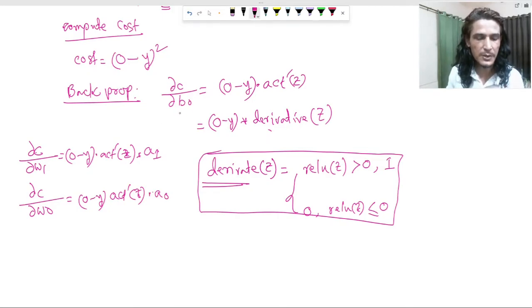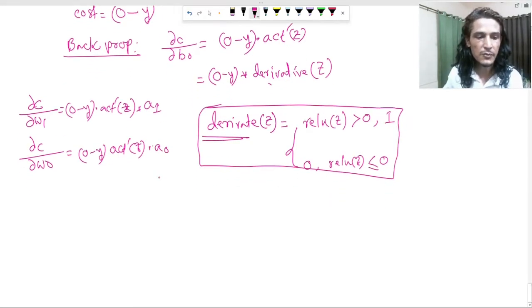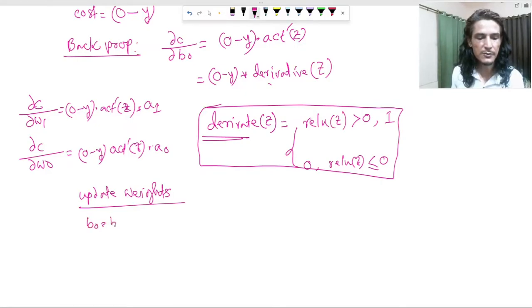In backpropagation we first compute this, and then we update the weights. Now in update weights, it's simple: B0 equals B0 minus eta into the rate of change of cost with respect to B0, and W0 equals W0 minus eta into the rate of change of cost with respect to W0.